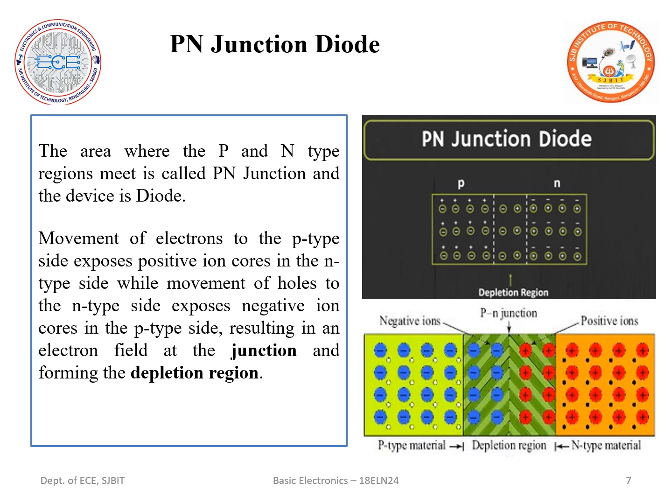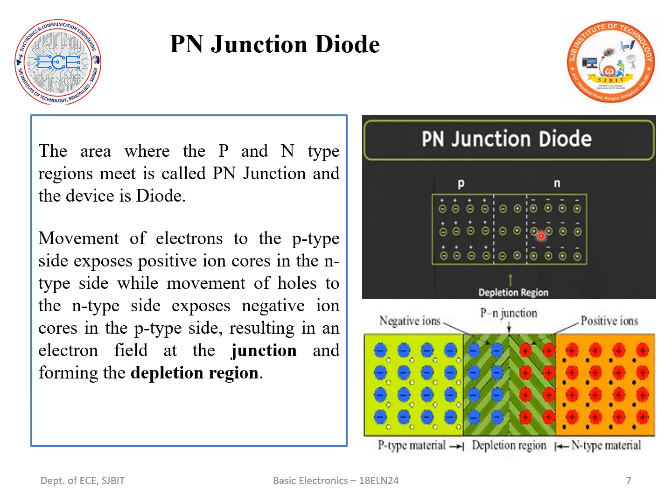So what is a PN junction? We already know there are p-type semiconductors and n-type semiconductors. My p-type semiconductor is going to have a majority charge carrier of holes, and my n-type semiconductor is going to have majority charge carriers as electrons.